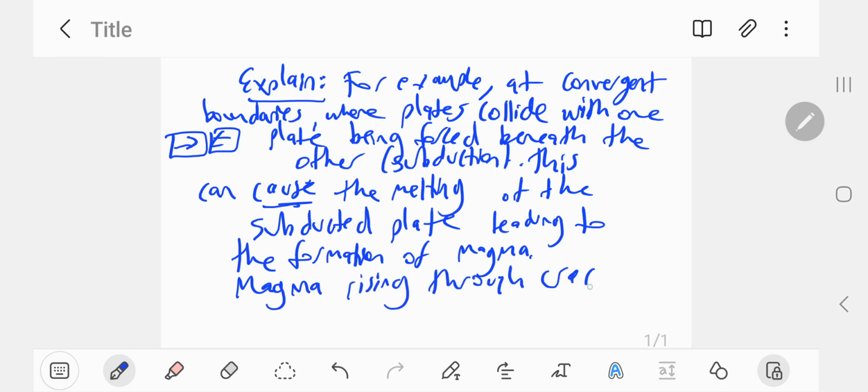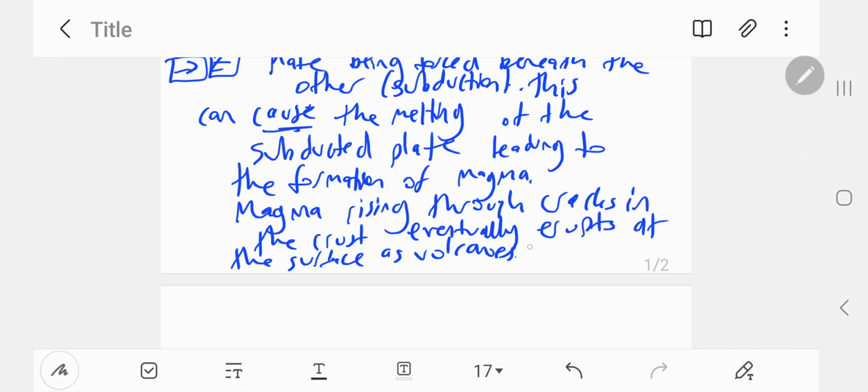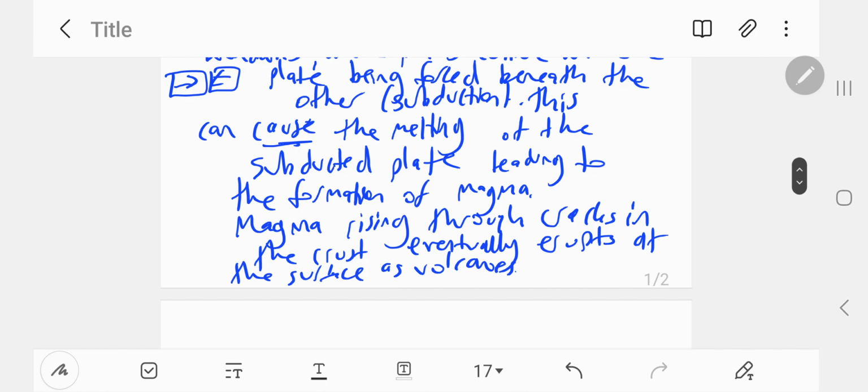The effect is magma rising through cracks in the crust, eventually erupts at the surface as volcanoes. Volcanoes, like, it's good to mention an example as well.